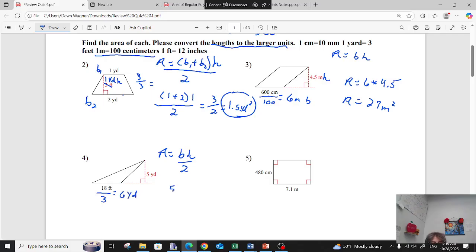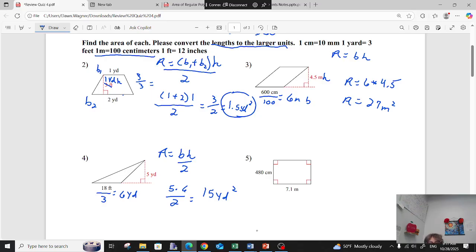So it's going to be 5 times 6 divided by 2, which is 15 yards squared. Any questions on that one?